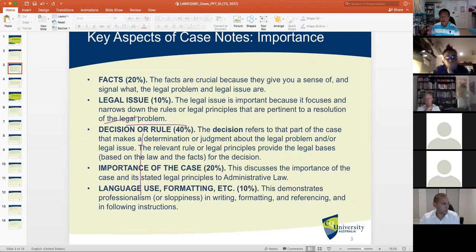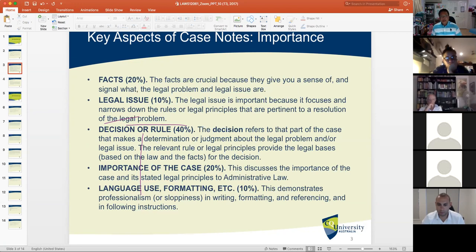That particular point is actually where the intellectual input of the student becomes more evident, because for the facts, the legal issue, the decision or rule, what the student does is to draw from the case these aspects of the case. But the importance of the case is coming from the student himself or herself as to why he or she thinks the case is important from the viewpoint of administrative law. And that is awarded 20%.